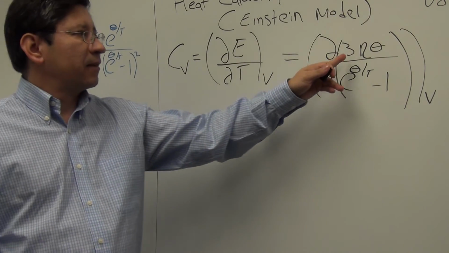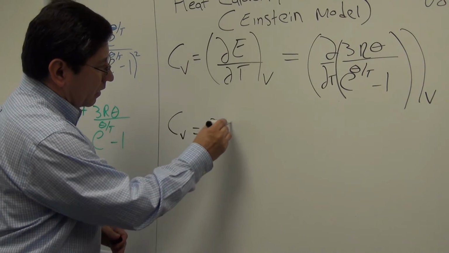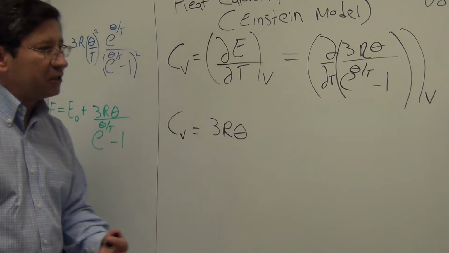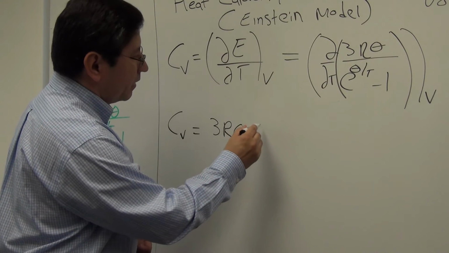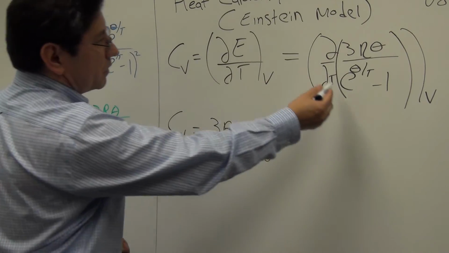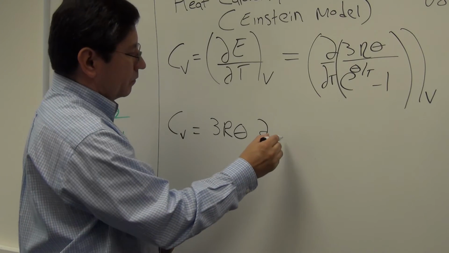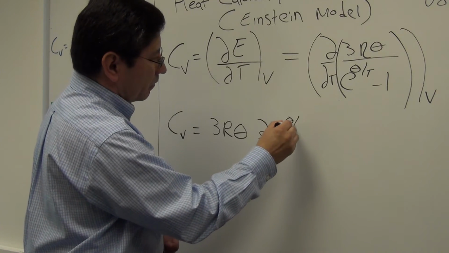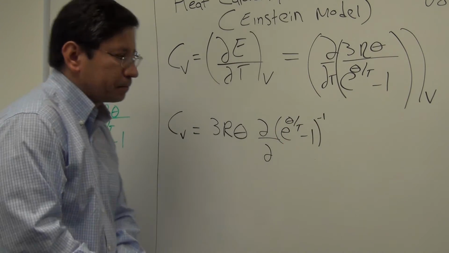First, recognize that 3R and theta are constants, so you end up with 3R theta as a coefficient, if you wish. And then what you have is the derivative with respect to temperature of e to the theta over T minus 1, raised to the power of minus 1.